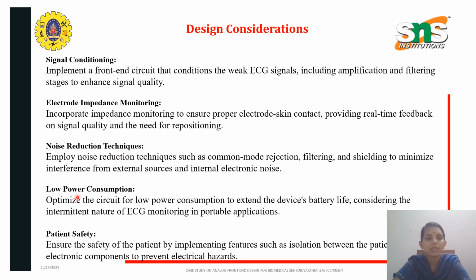The next parameter is low power consumption. We have to optimize the circuit for low power consumption in order to extend the device battery life, so that ECG monitoring in portable applications will be better.